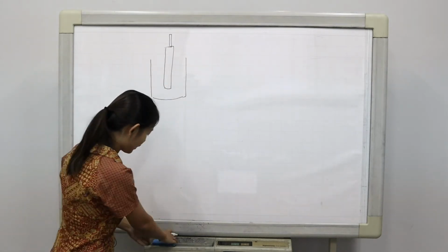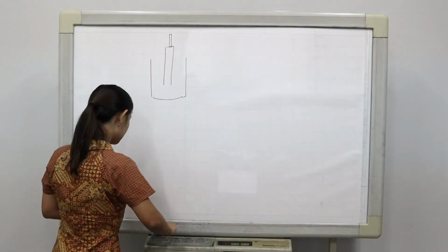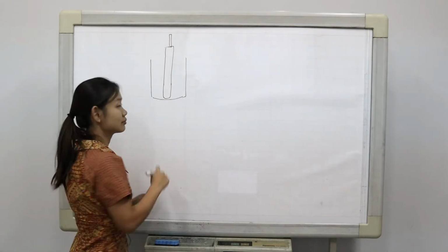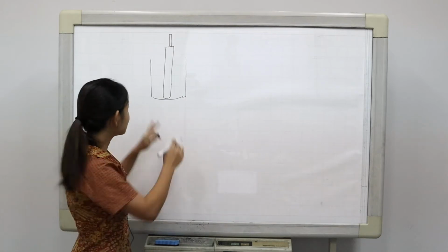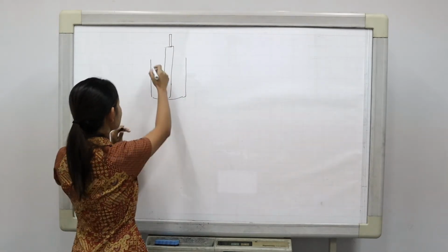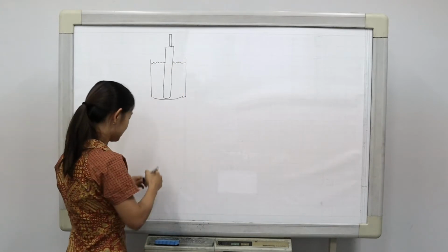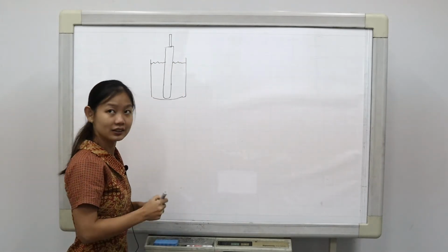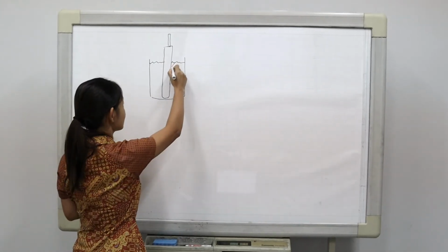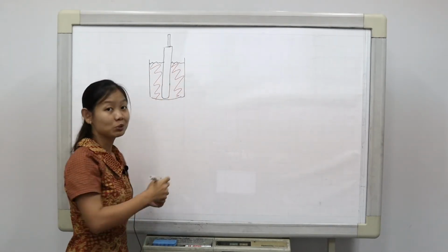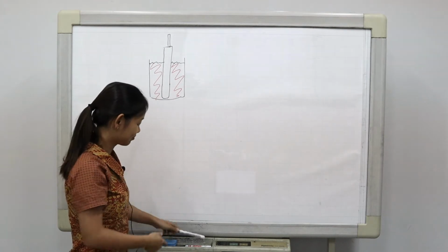Maybe I should draw it a little bit longer. So between these two cylinders, we can put fluid. So this is the fluid. Usually what we put here is liquid, yeah.